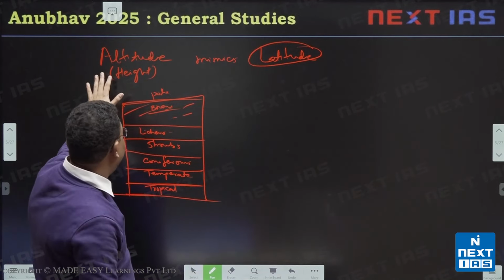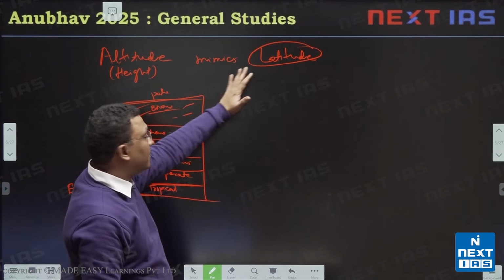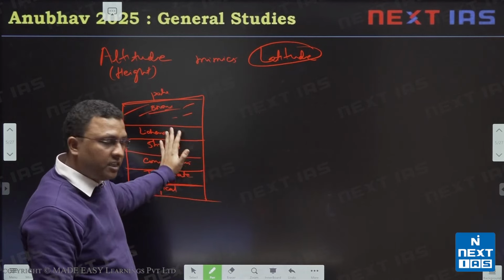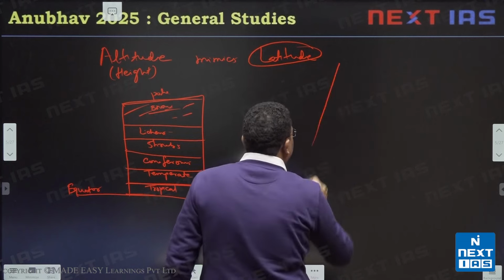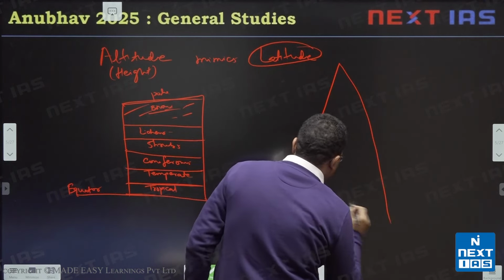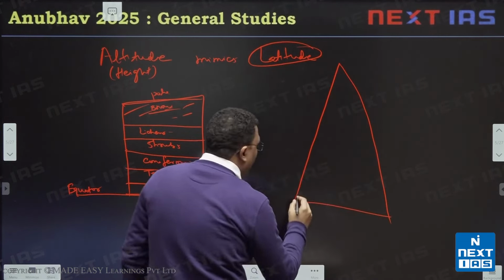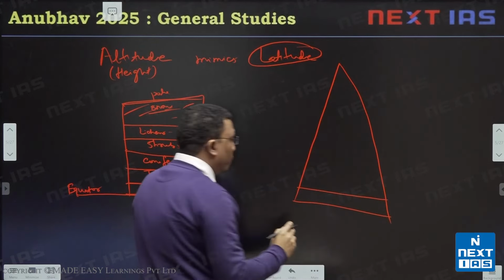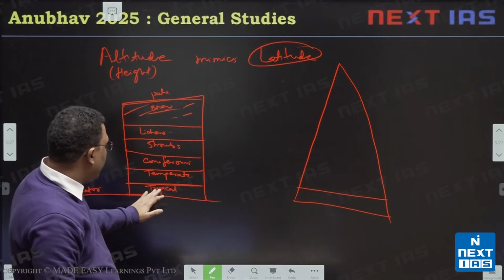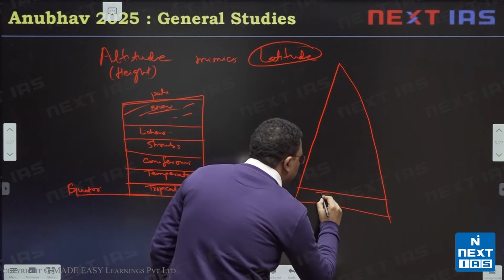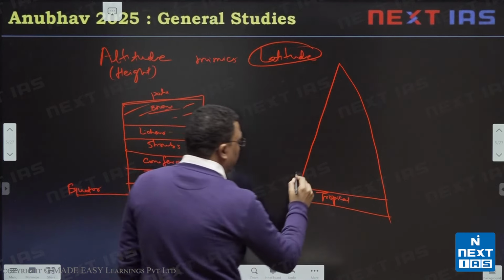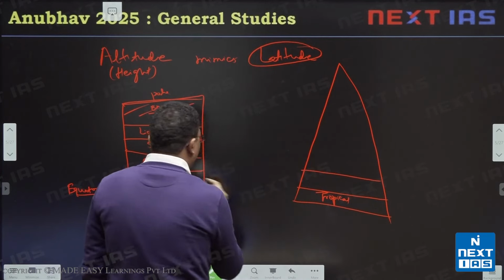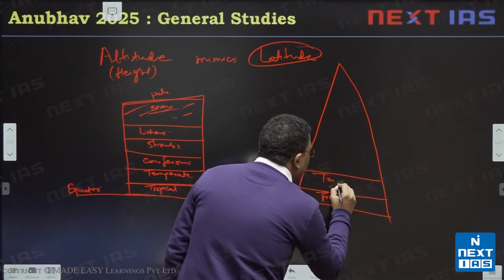Now the principle says that altitude mimics latitude in terms of distribution of vegetation. So what it means is, let's say this is a mountain. The bottom zone of the mountain will be having tropical vegetation. The next band will be occupied by temperate vegetation.